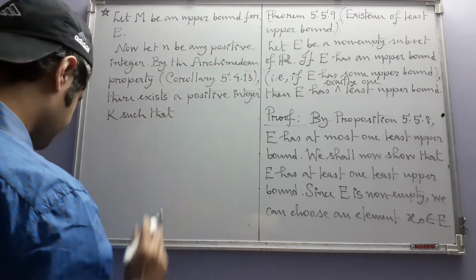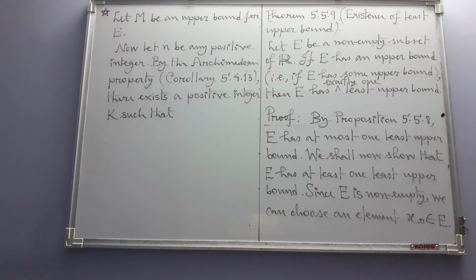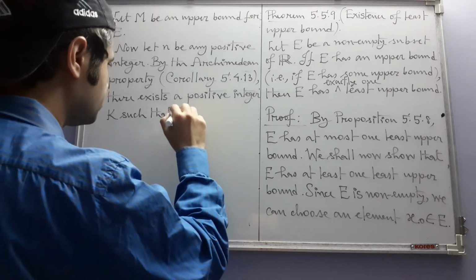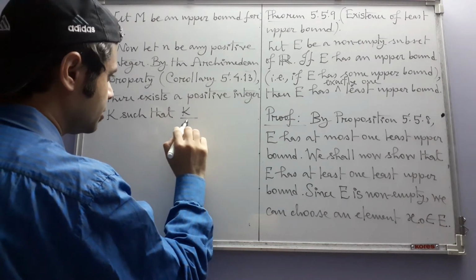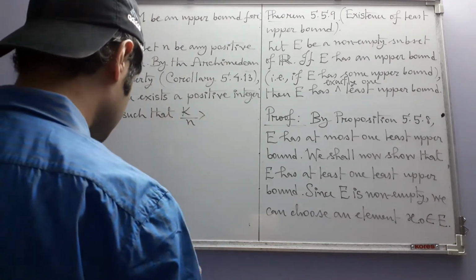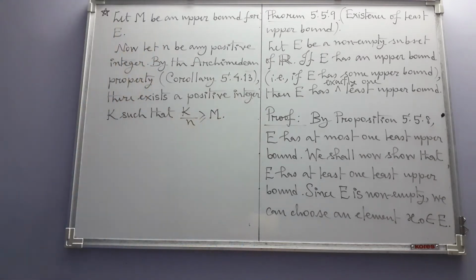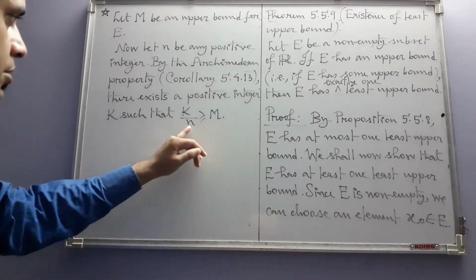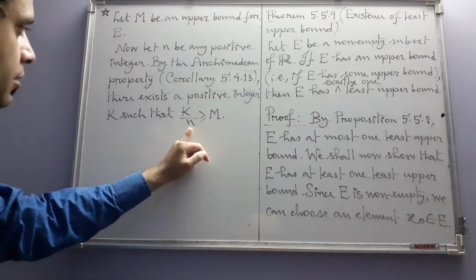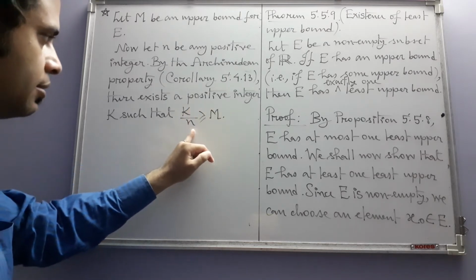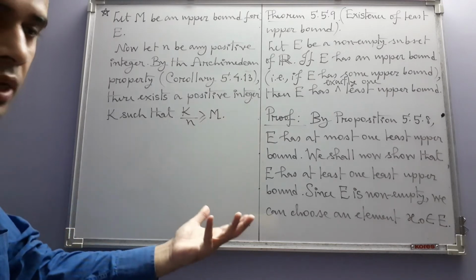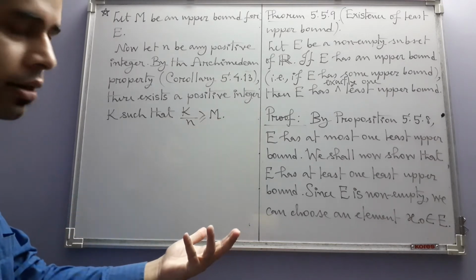Such that k divided by n is greater than or equal to M. Yes, because n is a positive integer, so 1 divided by n is a positive real number and M is any real number.